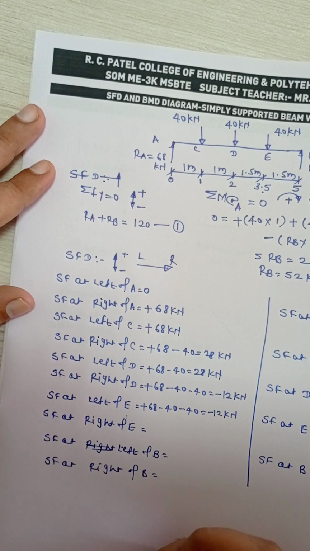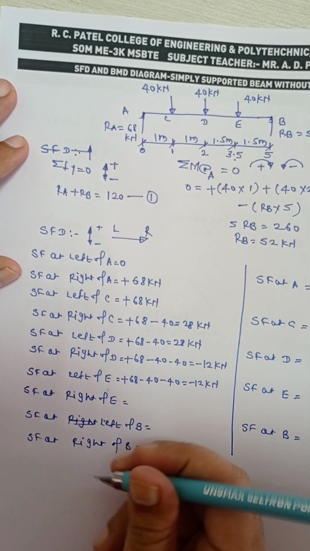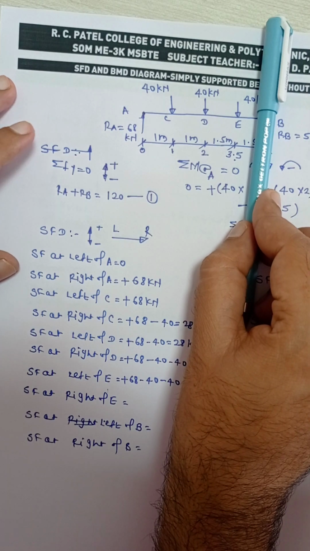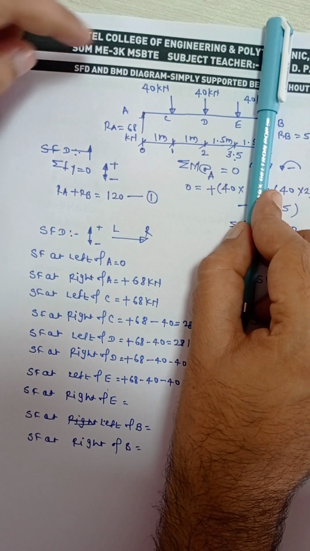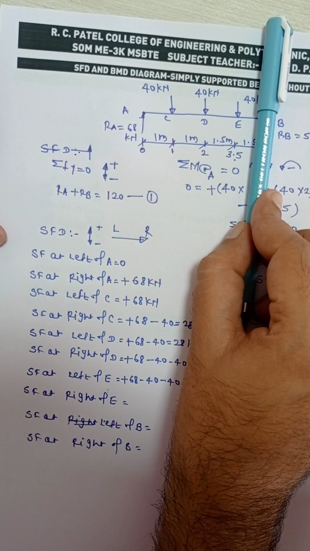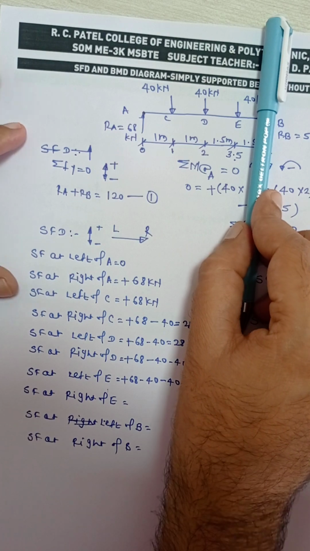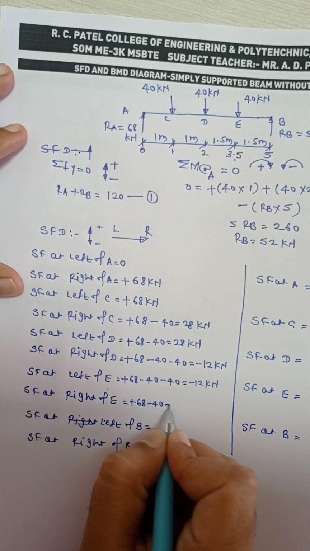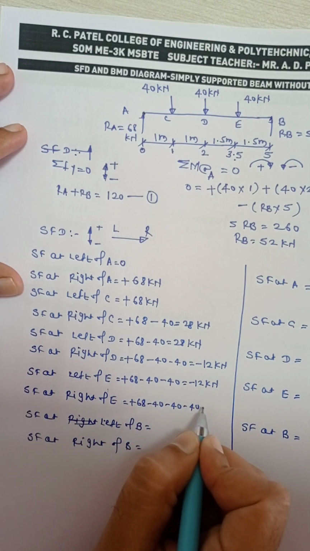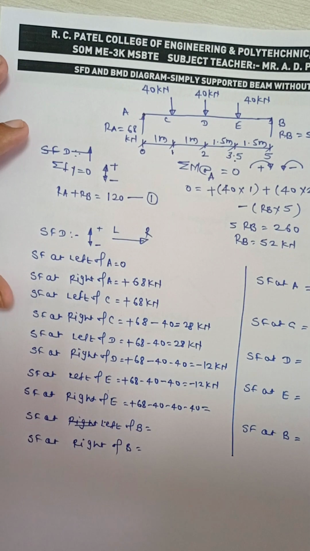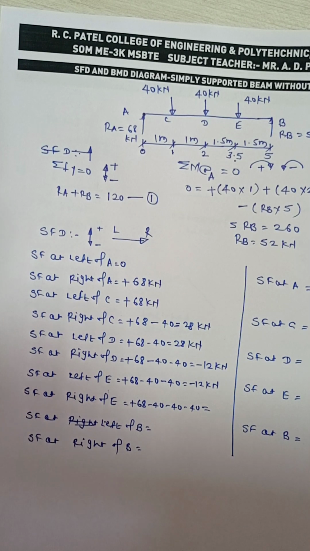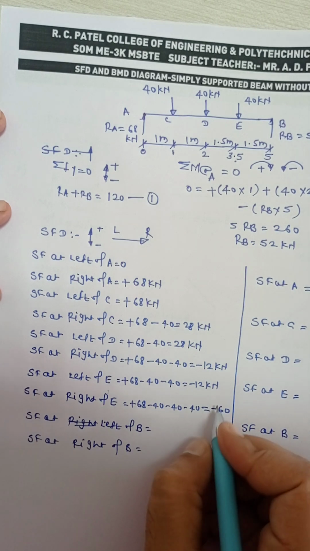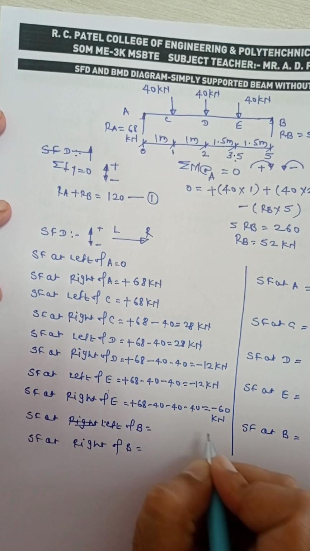Now, right of E. Here we observe 68 kilonewton again, and at C, D, E, 40 kilonewton going downward. So plus 68 minus 40 minus 40 minus 40, the answer will be minus 60 kilonewton.